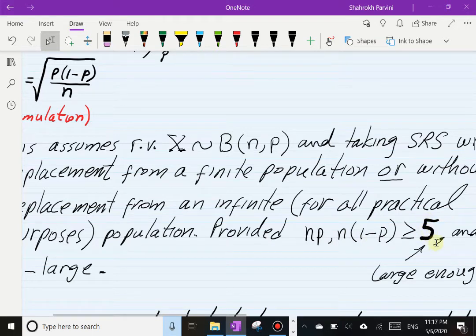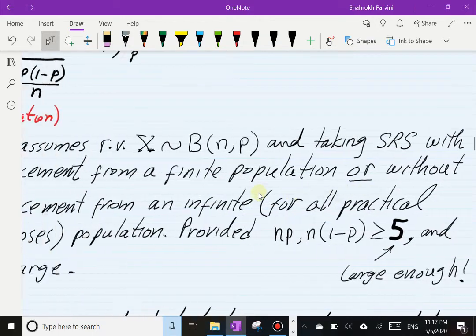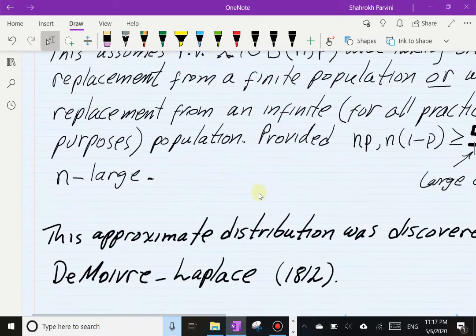Some say at least 15. Some say at least 20. This author is going with 5 because although we don't cover chapter 13, the chi-square goodness of fit test, in that chapter the assumption is that we have np at least 5 also, so for that reason this author goes with 5, not 10, not 15, not 20.